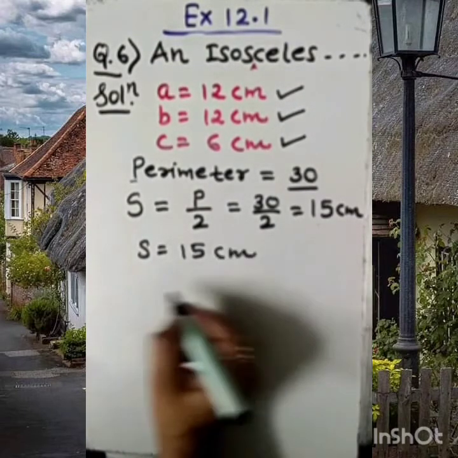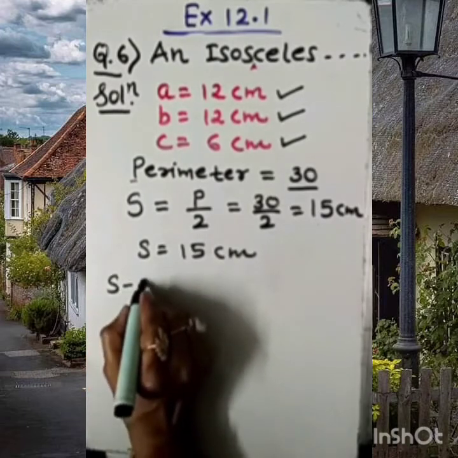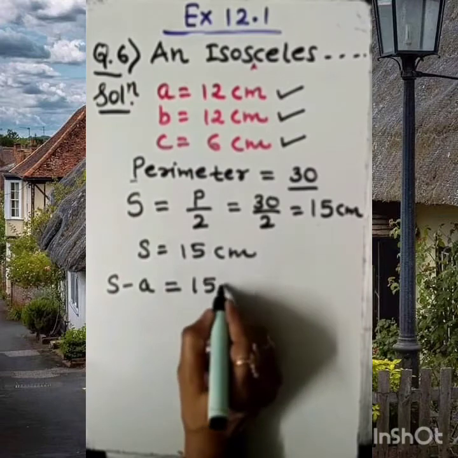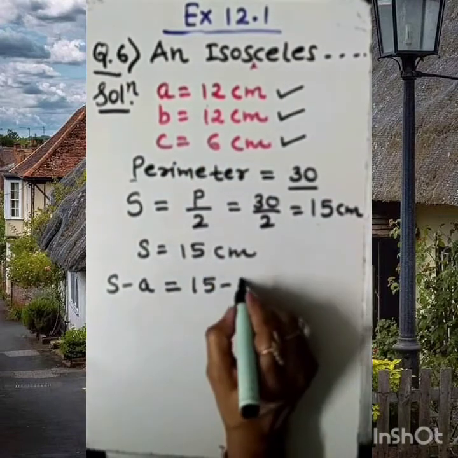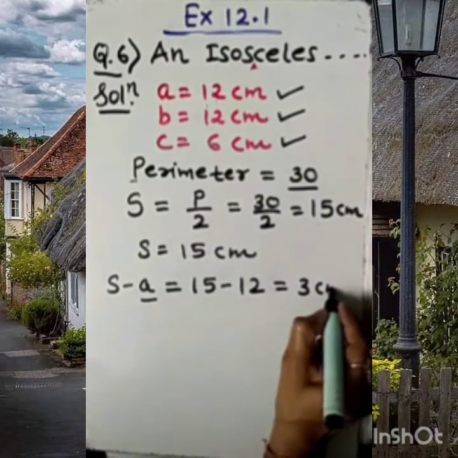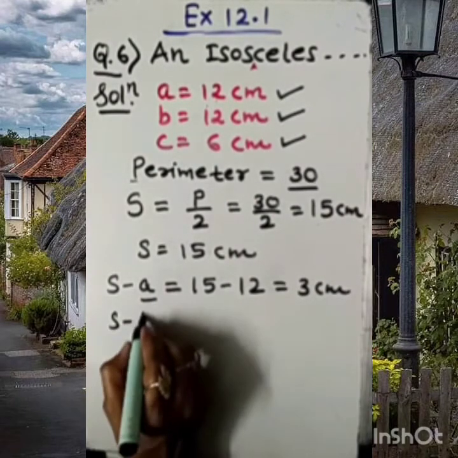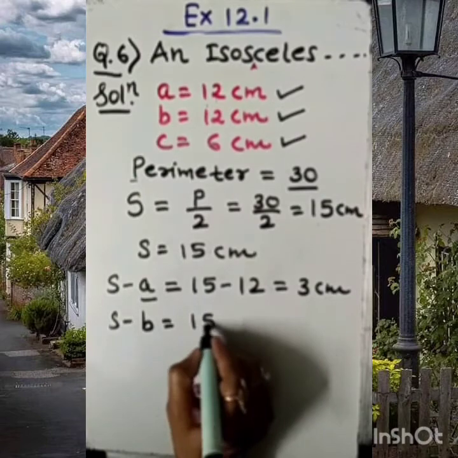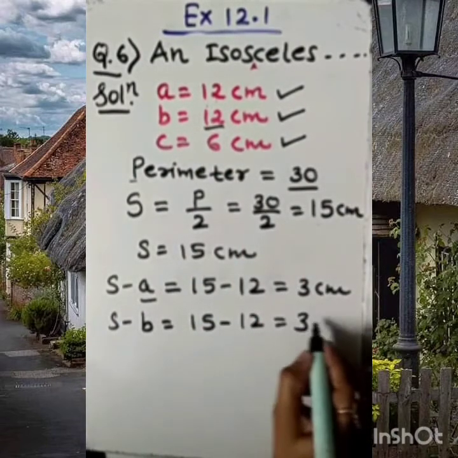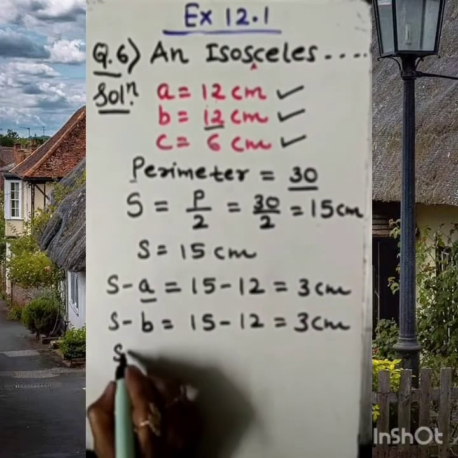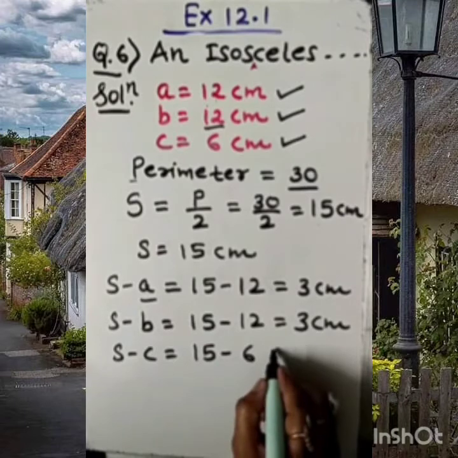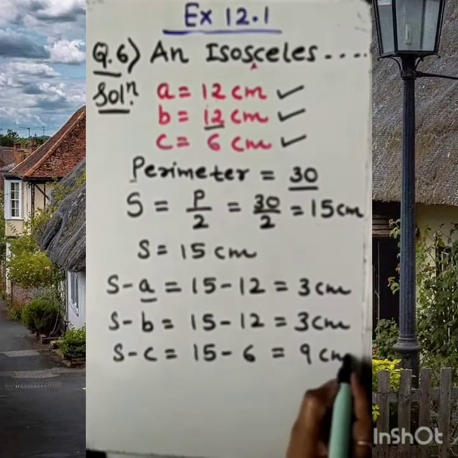Now, before we proceed to Heron's formula, we need to find s minus a. So 15 minus 12, the value of a is 12. So that is 3 centimeter. s minus b, 15 minus again the value of b is 12, so that is 3 centimeter. s minus c, that is 15 minus 6, that is 9 centimeter.